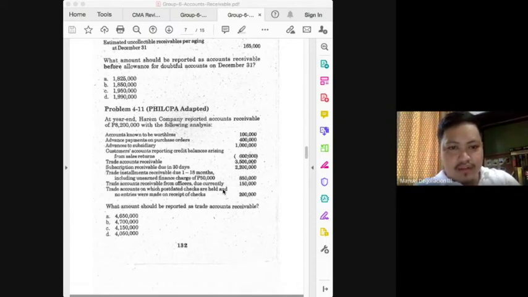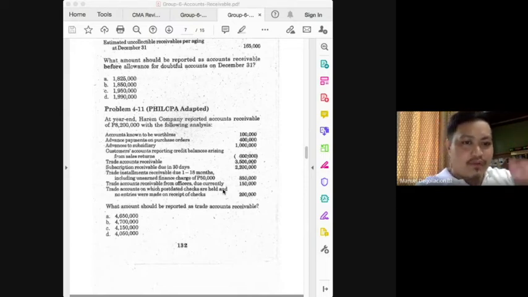So out of the 850,000 class, only the 800,000 will be included in our trade accounts receivable, because your interest income will not be considered as part of your trade accounts receivable. Okay, it arises from a financing activity, definitely not part of your principal operations. So out of the 850,000, it would be 800,000 that would be included as part of our trade accounts receivable.